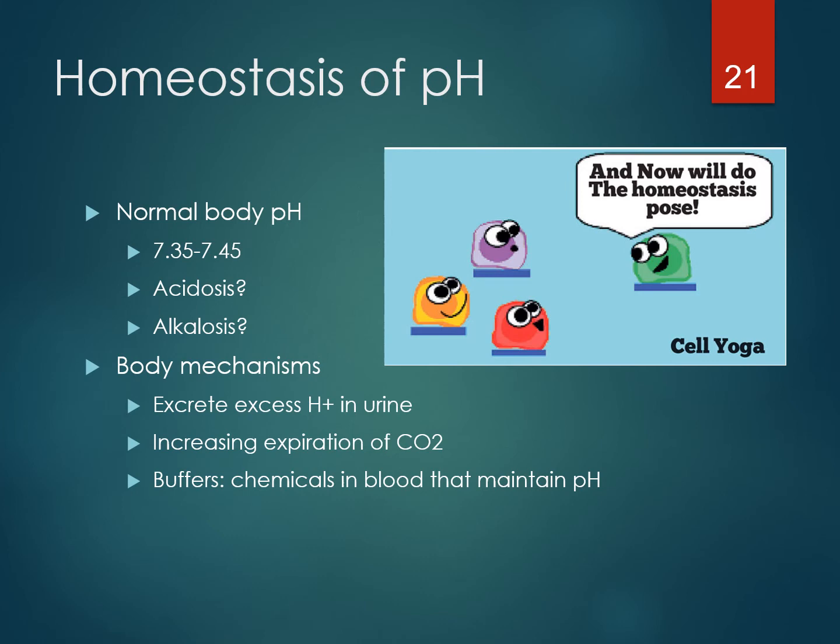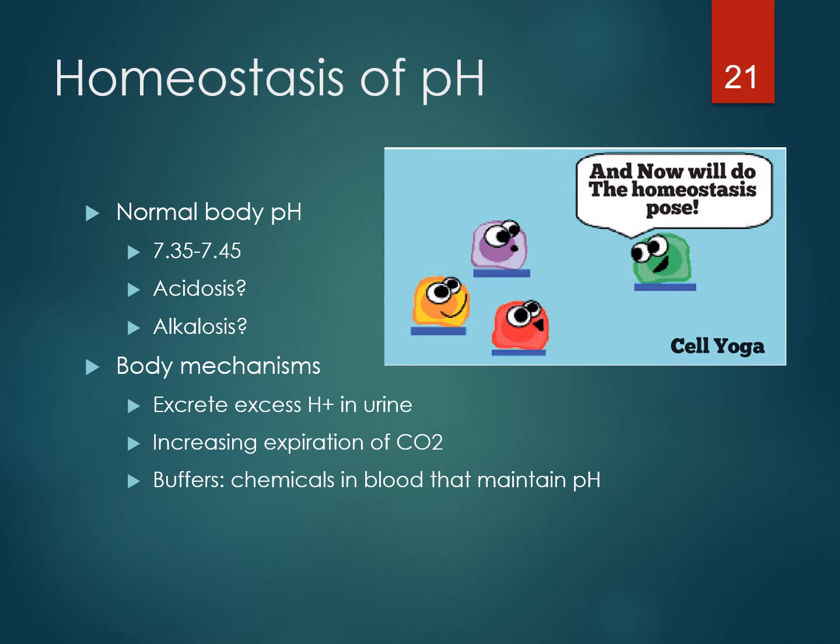Now, when carbon dioxide mixes with water, it forms carbonic acid. Now, carbonic acid decreases the pH level of the blood, making it more acidic. So one of the ways our body compensates is by increasing respirations, which does two things.